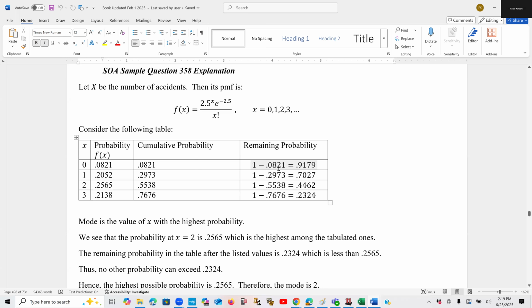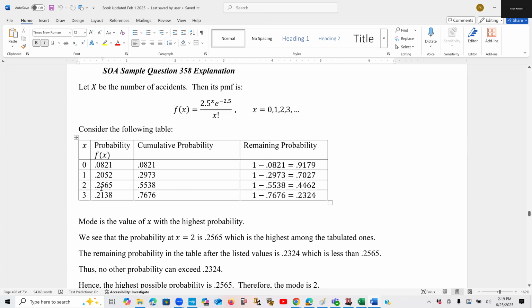So it's possible that some future accident has a higher probability than the 0.0821. As we see, f of 1 gives us 0.2052. And so the cumulative probability at that point is the addition of the 0 and the 1 probability. So that's 0.2973, and we still have 0.7027 to work with.